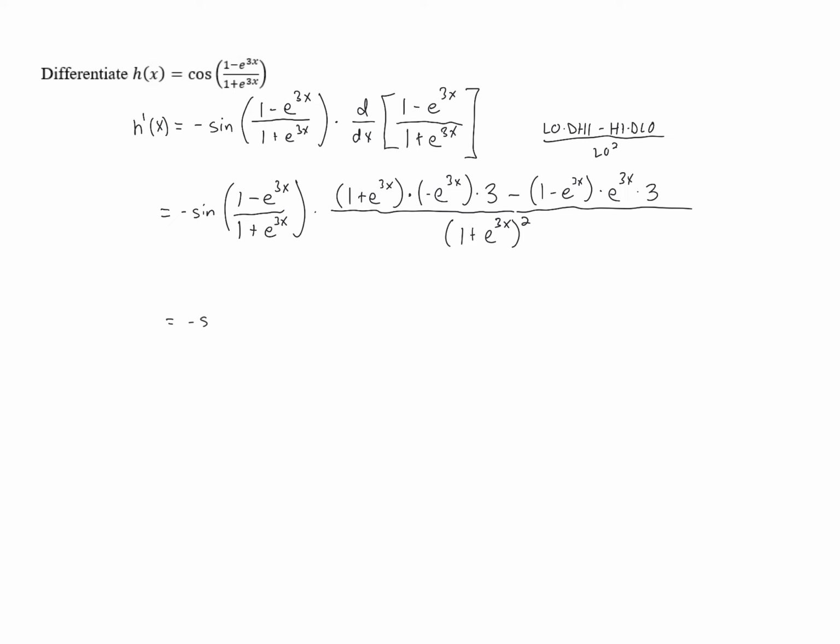Now, I'm going to copy that first sine bit, because that's going to stay the same. And then let's factor out those things that I mentioned we could factor out. The 3's, the e to the 3x's, and the negatives. So we've got a negative 3e to the 3x that we're going to factor out.